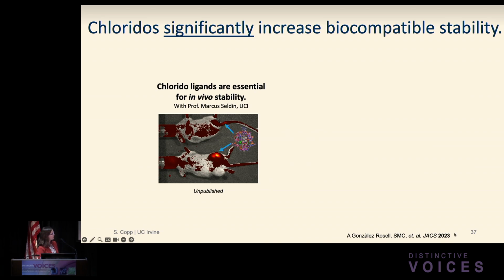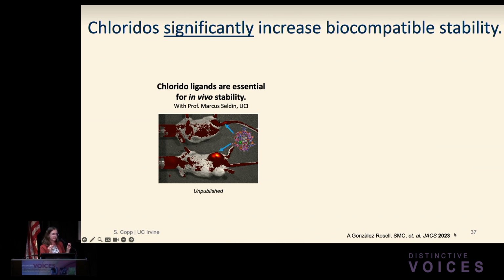It actually enabled us to collaborate with Professor Marcus Selden here in the School of Medicine for in vivo imaging in mouse model for the first time. So you can see here in these mice that are happily sleeping that the nanoclusters have been injected into 2 different sites, and what you're seeing is the near-infrared light coming through the mouse tissue and the fur, which was actually brown in this case.